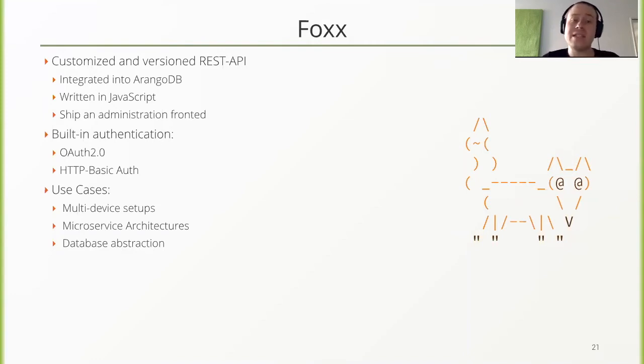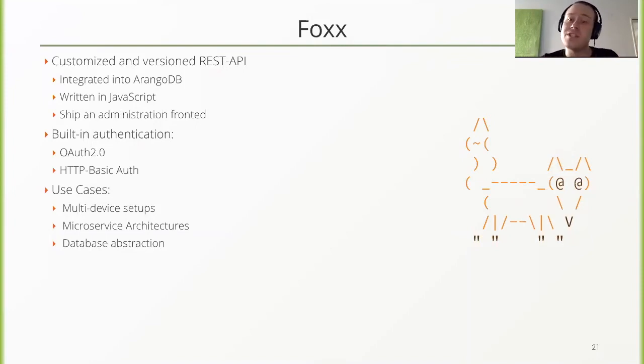And use cases that we had in mind when designing the Foxx framework are multi-device setups. Because in multi-device setups, you typically have different programming languages on the different devices. And if you talk with the database directly, that means you would have to write down the query mechanisms, the parsing, and everything for each device differently, and again and again.